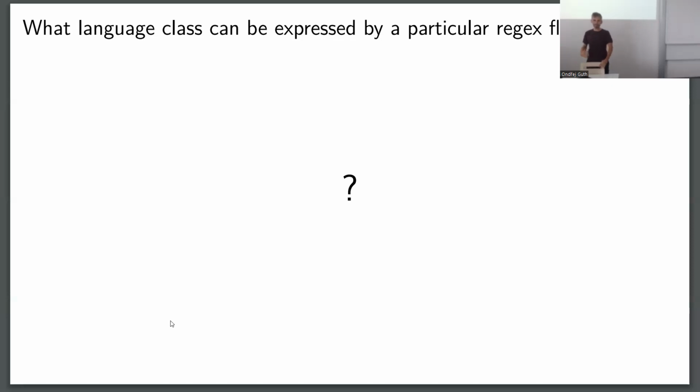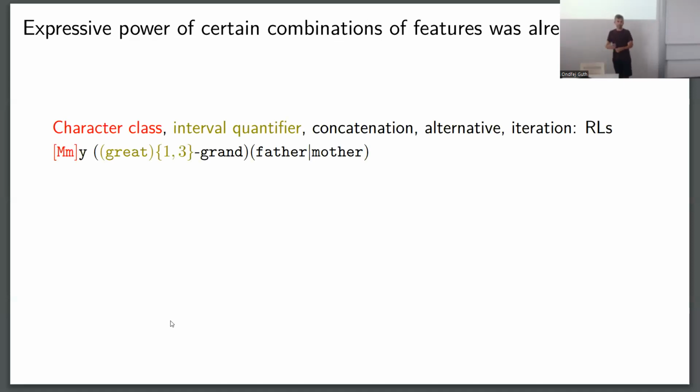But here it's an open question. Even though these tools are decades old, we still don't know exactly the answer to this question. What we do know so far is when we combine some features together, for some of those combinations, we do know.